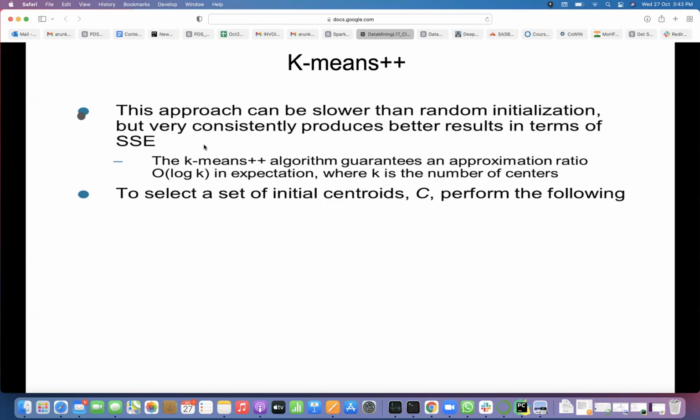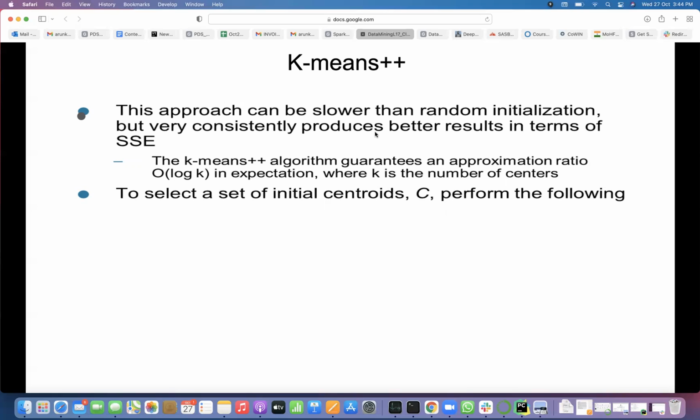Then you find which is the farthest point from that centroid. That will become your second centroid. Once you fix 2 centroids, then you see which is the farthest point from all these 2 centroids. Like that, each time you take the farthest point from the already fixed centroids. So that point will become the third, fourth, like that. That is called the k-means plus plus algorithm.